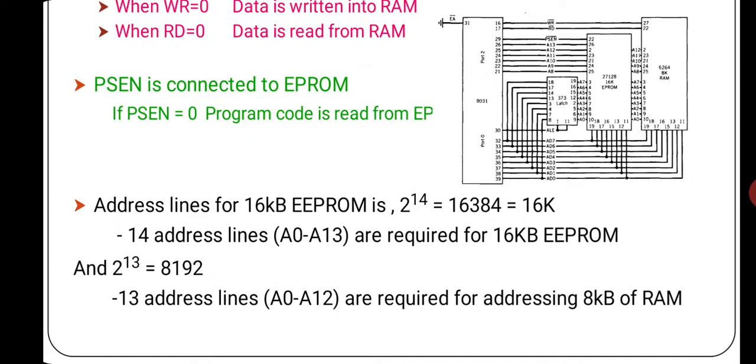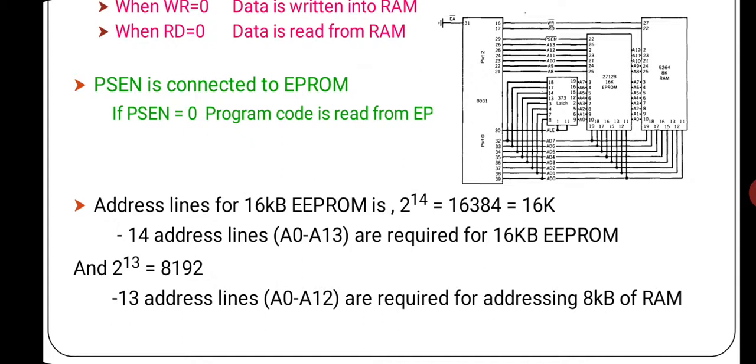It means 32 KB of space. So if you want to connect 32 KB of external RAM memory, you require 15 address lines connected to RAM.